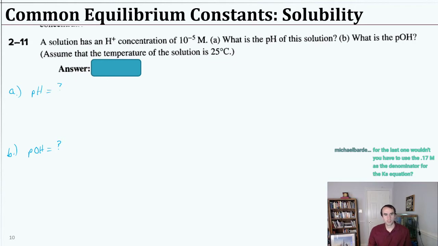Okay, so question for the last problem, wouldn't you have to use the 0.17 moles per liter as the denominator for the Ks equation? So I'm going to answer that. Feel free to mute me for a moment if you're working on this problem and want to focus on it. But great question, and I'm going to try to answer that off to the side here.